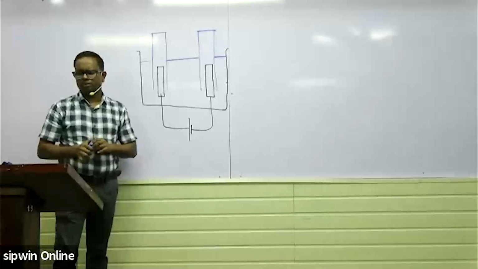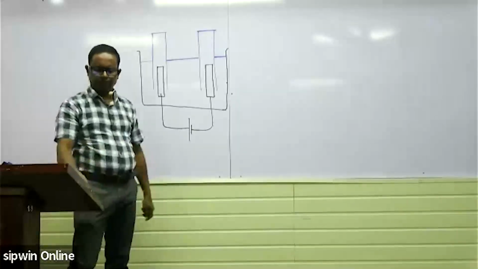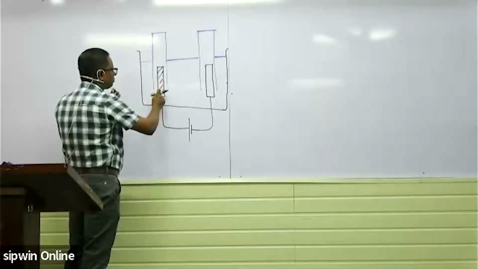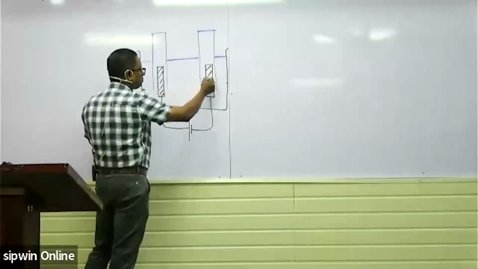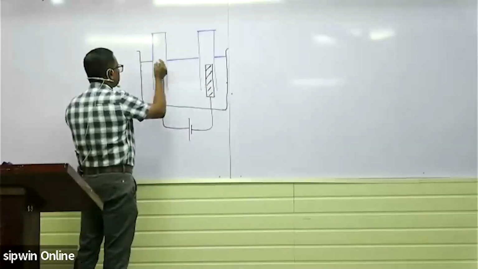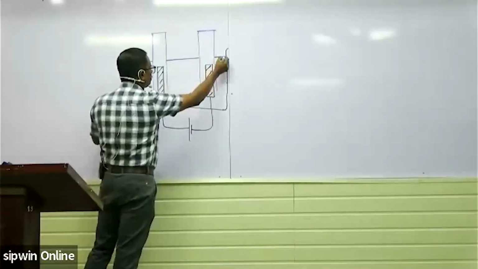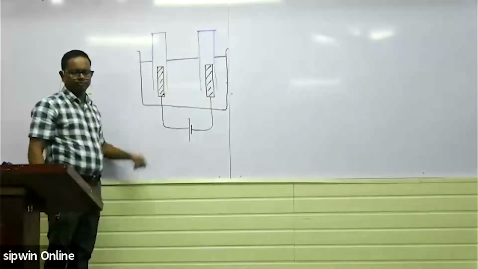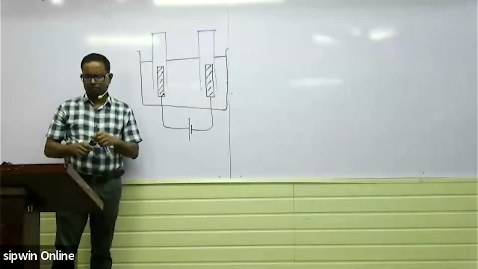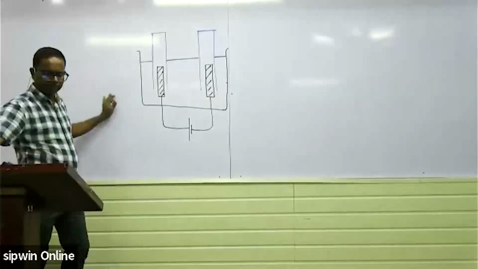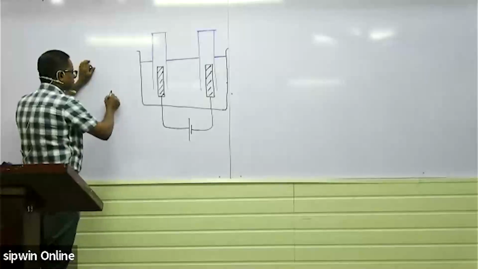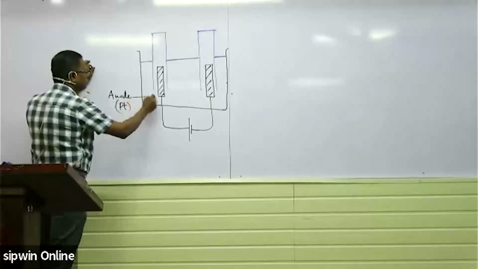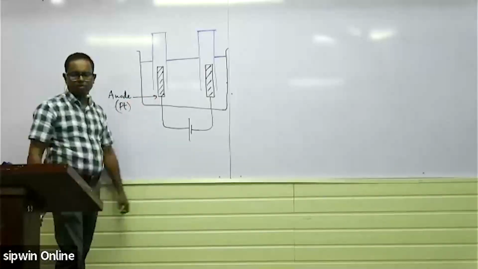Initially it is filled with water, completely filled with water. Electrodes, two electrodes here. Filled with water. This one inside, that one also water. This one anode. Platinum anode we use there. Platinum anode.